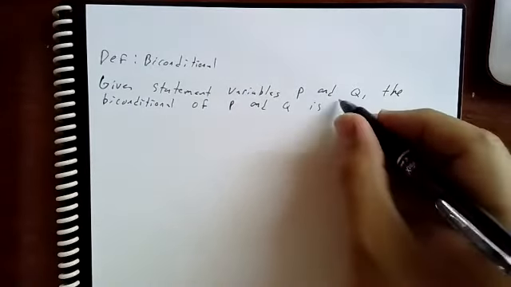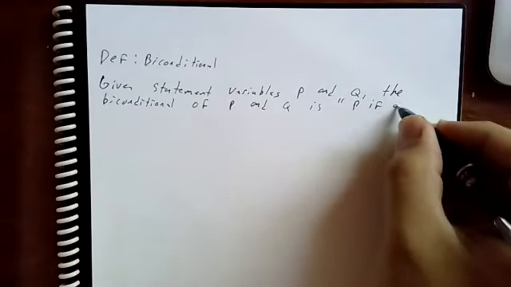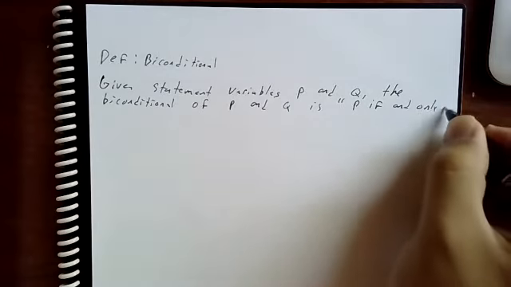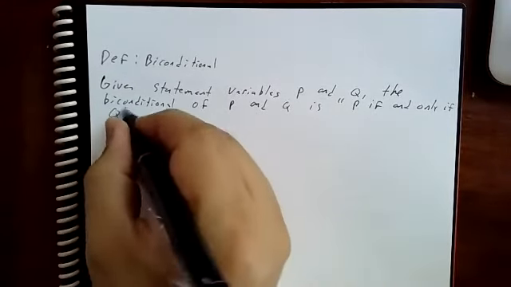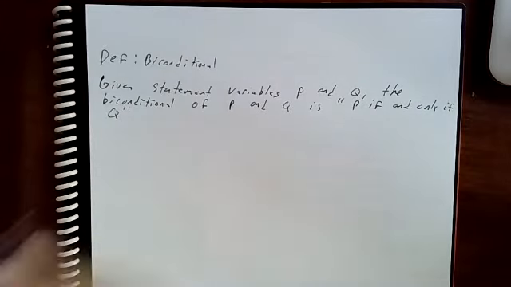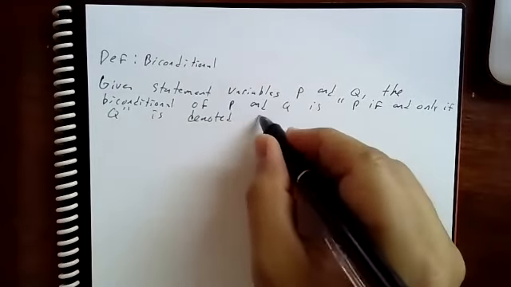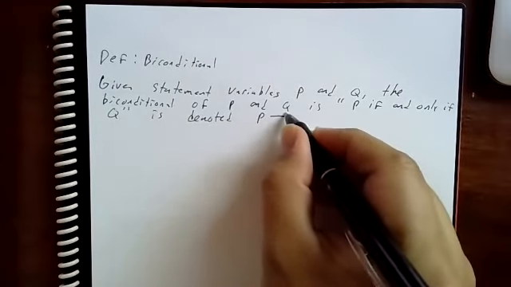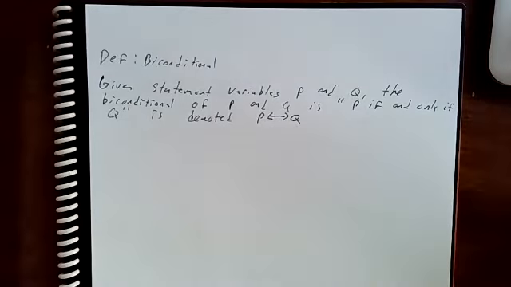I'm sure you've seen this in math books. P if and only if Q is denoted with a double arrow. Basically it's a conditional statement in both directions. Both directions are true, I should say.